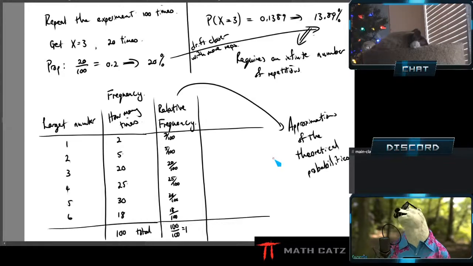Or it could be a situation that has so many components and is so complicated, I cannot calculate theoretical probabilities. It's impossible.